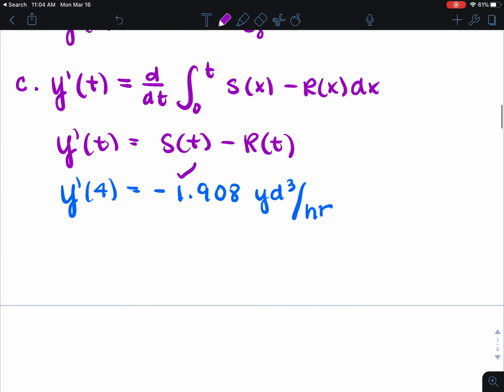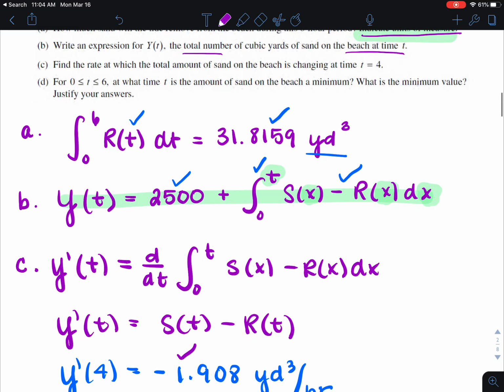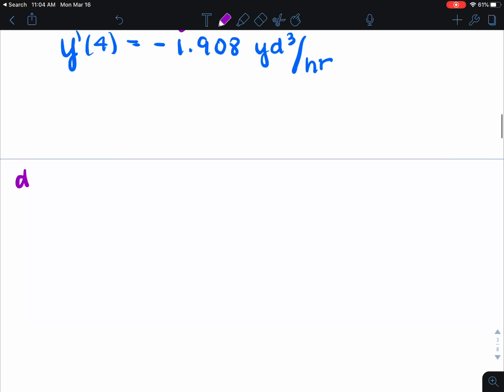Okay, so here's the answer to part C, and so let's talk about D. D says, for 0 to t, what is the amount of sand on the beach at a minimum? What is the minimum value? So we need to know when the minimum happens and what the minimum value is. Again, we need to identify that what we're going to use is y prime of t equaling 0. When the derivative is equal to 0, then we will have a time where it reaches a max or a min.